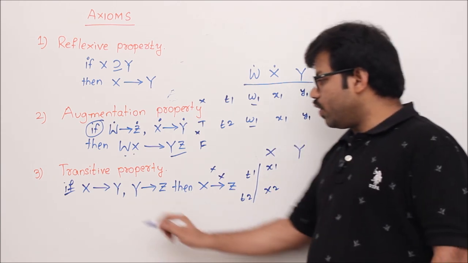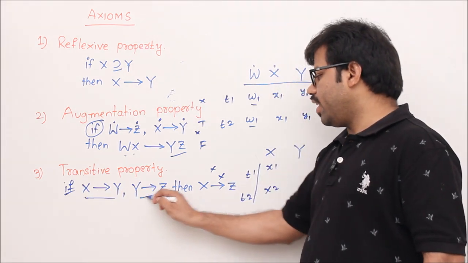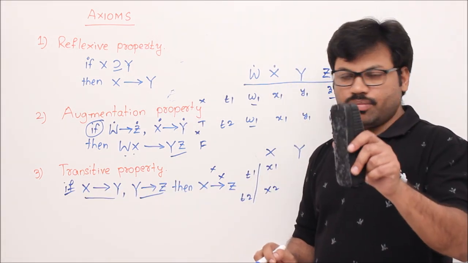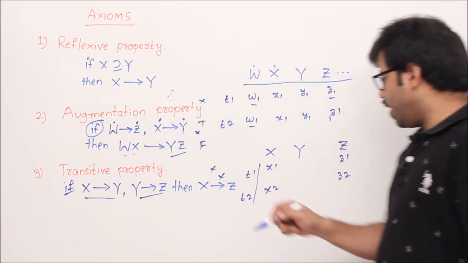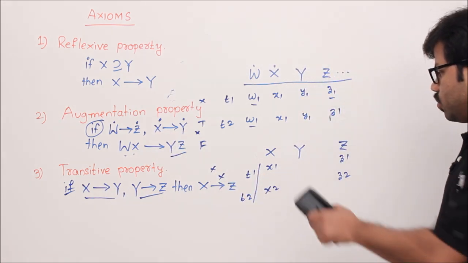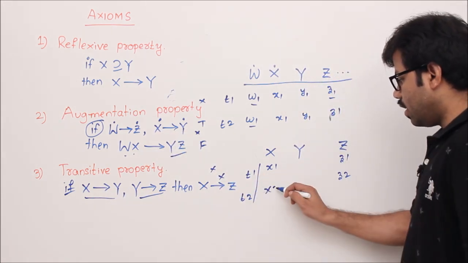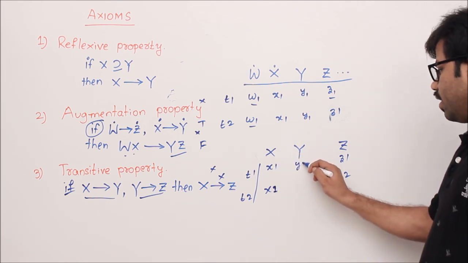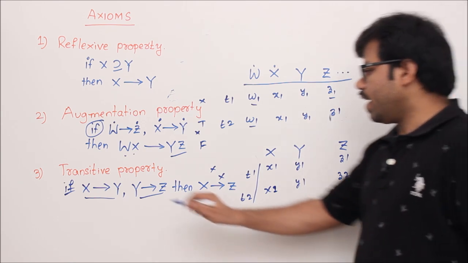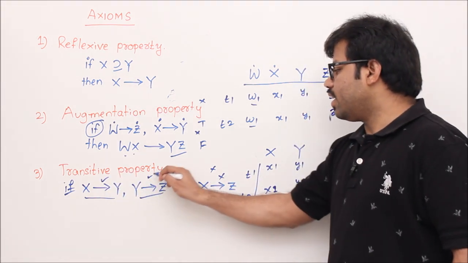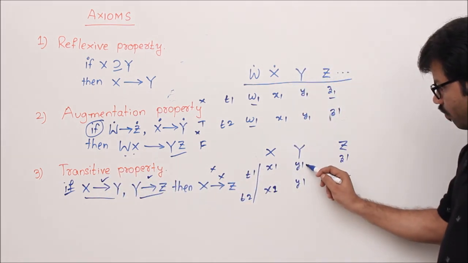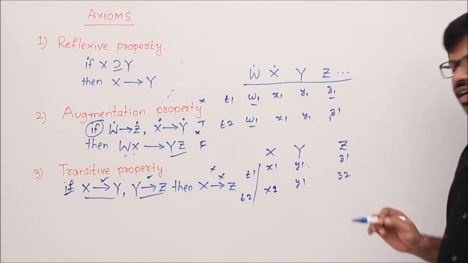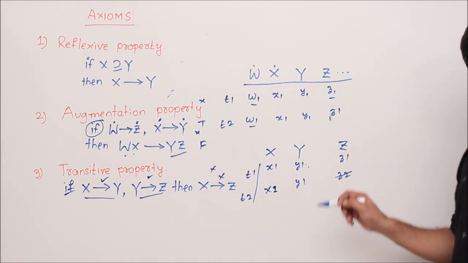But before that, we know that X determines Y, Y determines Z. Don't violate them. If X determines Y, X values agree as x1, then the Y value should agree. No doubt on that. Then only X determines Y. And Y determines Z: see here, if Y values agree, then the Z value should agree. But why did you write two different values here?